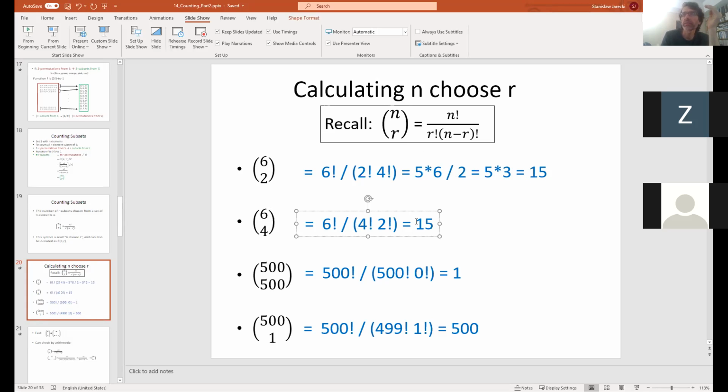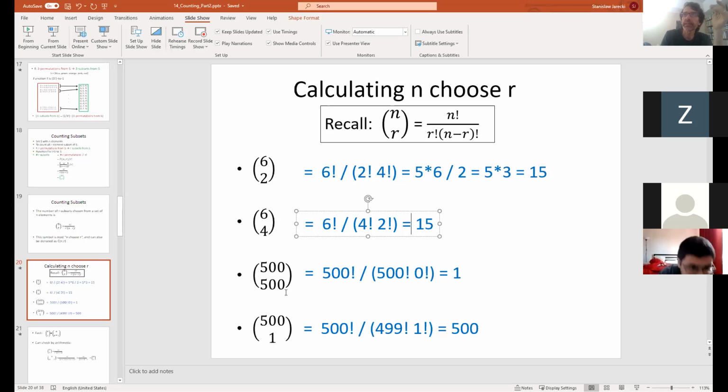And by the way, this is not coincidental, right? So you can see that if I choose 2 element sets or 4 element sets, if this value is equal to the difference between these two, then I can replace this with that, and it would make no difference.